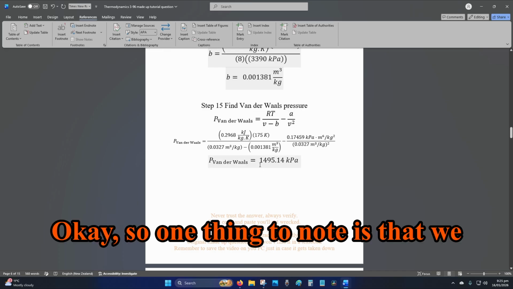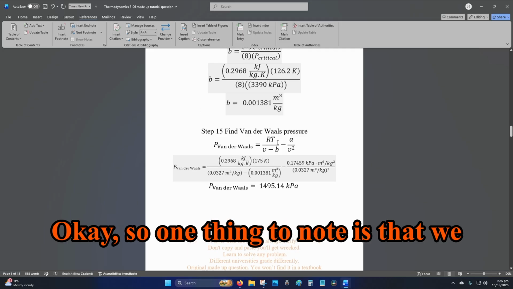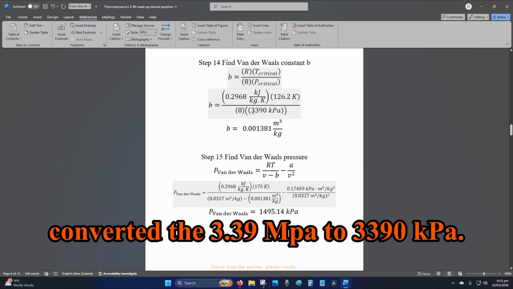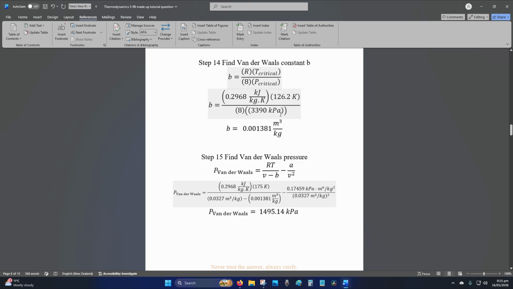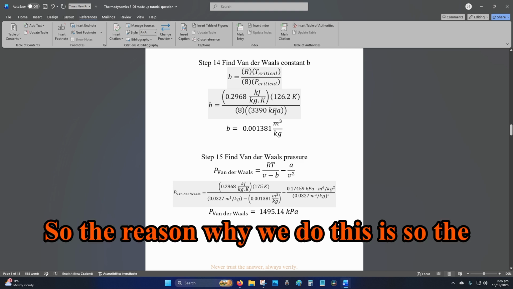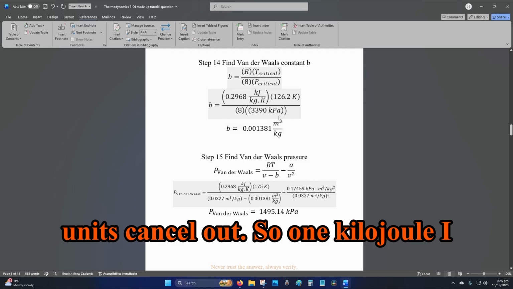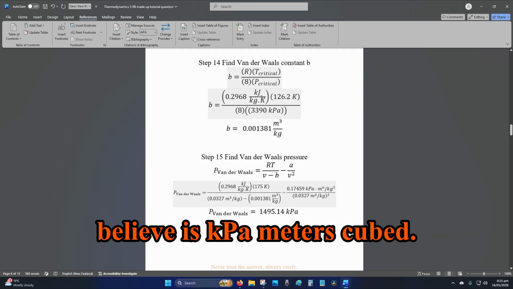Okay, so one thing to note is that we converted the 3.39 MPa to 3,390 kPa. The reason why we do this is so the units cancel out. So 1 kilojoule, I believe, is kPa meters cubed.